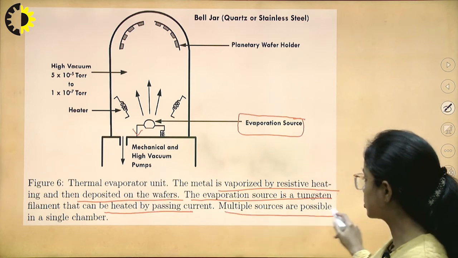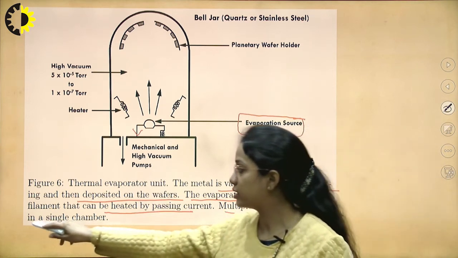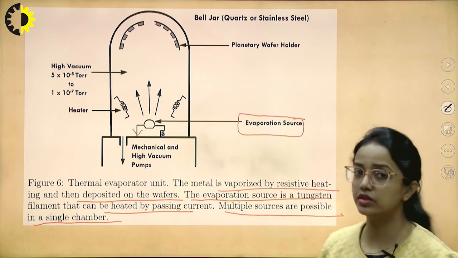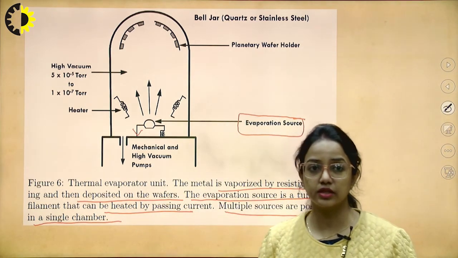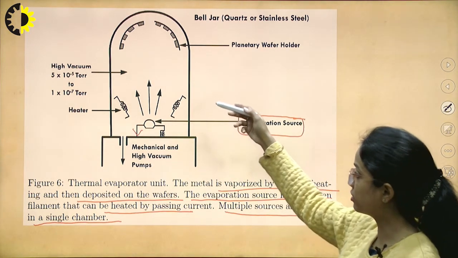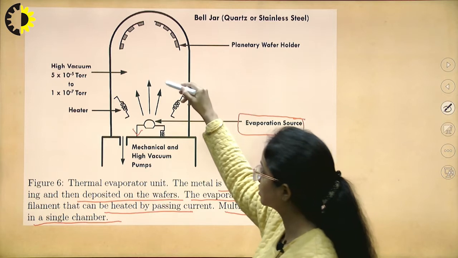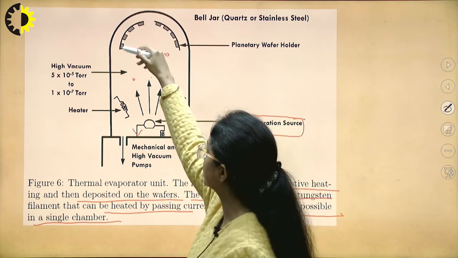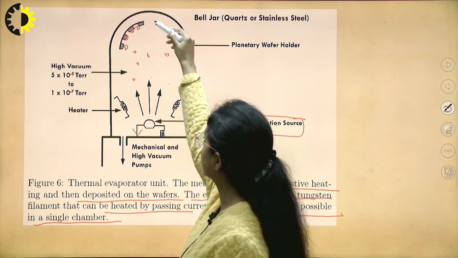Multiple sources are possible in a single chamber, and at the top we have the wafer, and here we have the heaters as well, and this is nothing but the metal vapors.